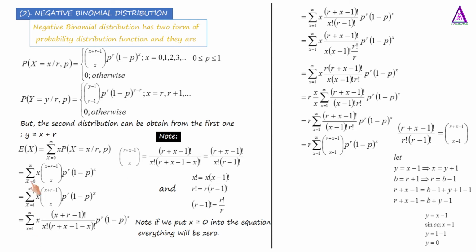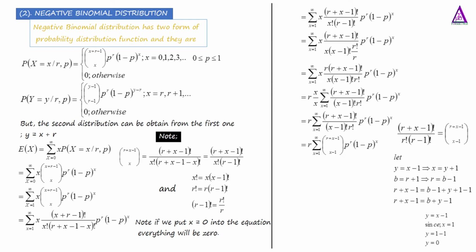When we look at the summation with x from 0, if we put a 0 in our equation 2, everything will be 0. So therefore, we need to start from 1. That's the reason why we have x ranging from 1 to infinity in that third equation.